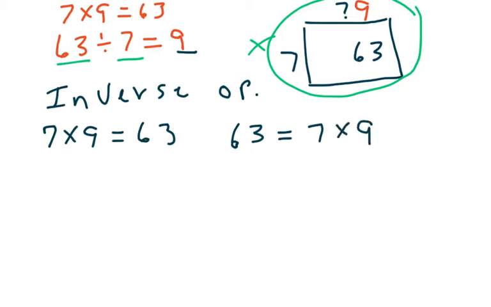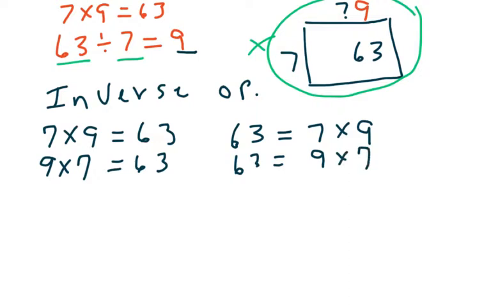So that's a pair of problems. The other one we could do is the commutative, switch them around, 9 times 7. And we know that's the same answer, isn't it? It's 63, because with the commutative property you could change it. Or we could say 63 is 9 times 7, using the commutative property.